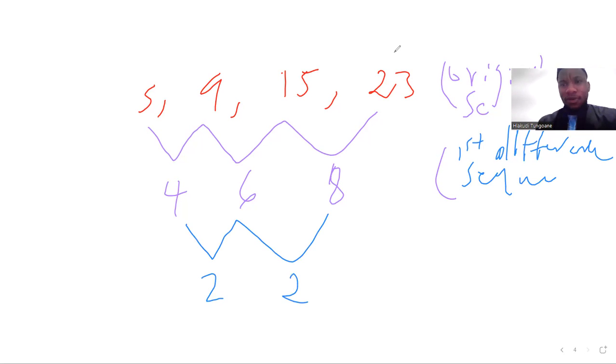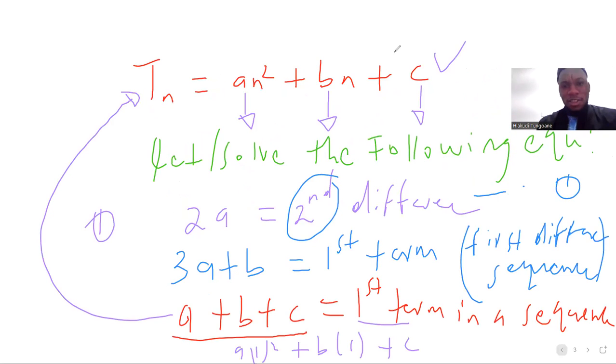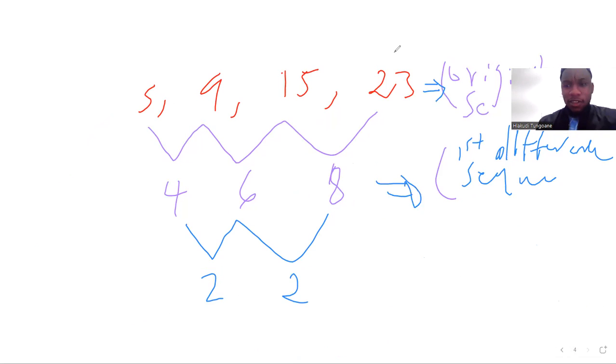So I just want to draw a link here so that you understand what I was referring to on the previous page. Remember what I said: we equate the 2a to the second difference. The second difference in this case is 2, so we're going to equate 2a to 2.